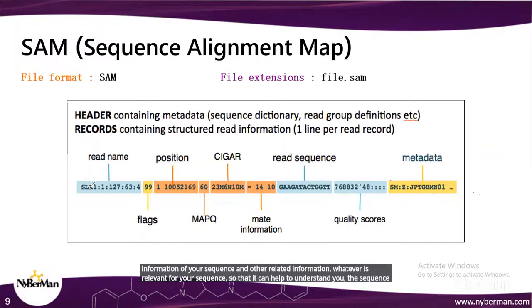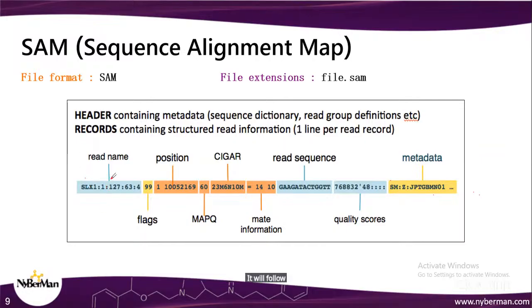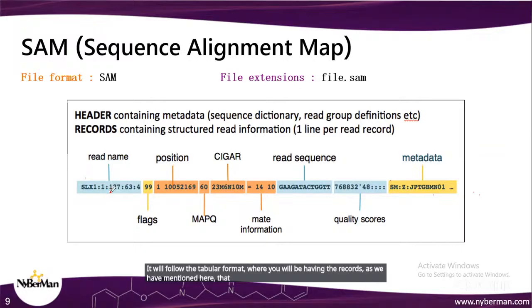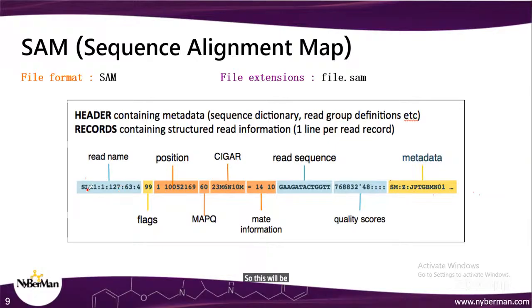And next, it will follow the tabular format, where you will have the records, as we have mentioned here, that there will be the read name. Read name is basically the sequence or the read that the sequencer has read from your sample. So these will be the chunks of code or the DNA sequences in your sample.